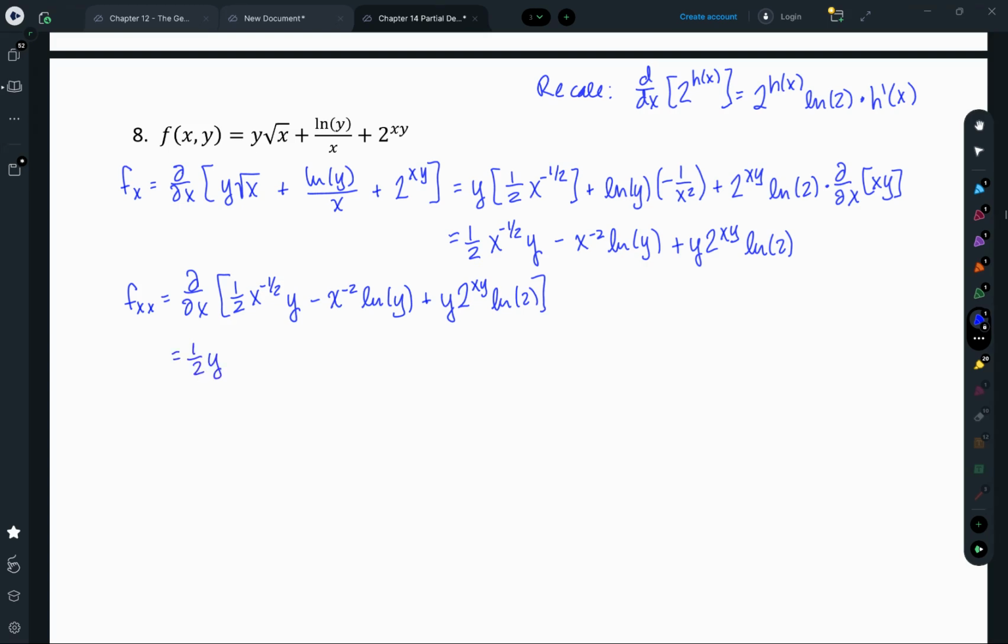You get 1/2 y, and I take the derivative of x to the minus 1/2, I get minus 1/2 x to the minus 3/2.